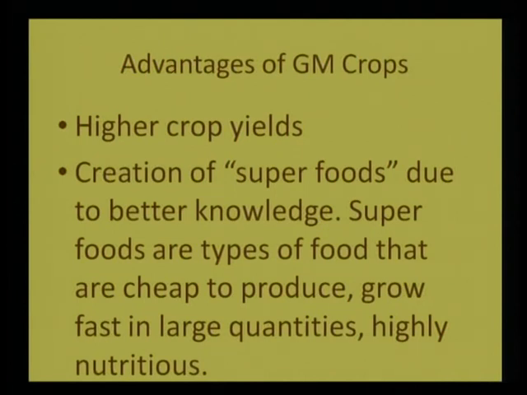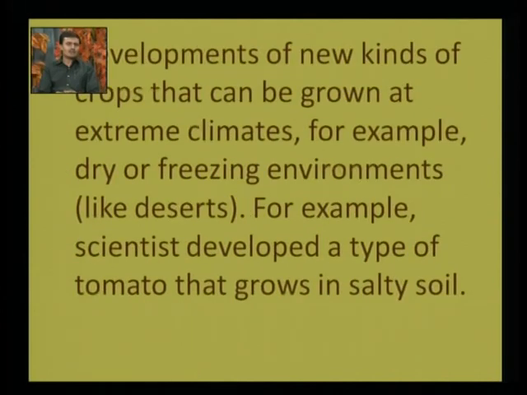If we see what the advantages might be, first, the basic thing, is very high yield compared to natural products, which we call superfoods. This is because they are cheap, they can be produced in large quantities, and they are also highly nutritious. Such plants can also tolerate very extreme climates, for example drying conditions or freezing.